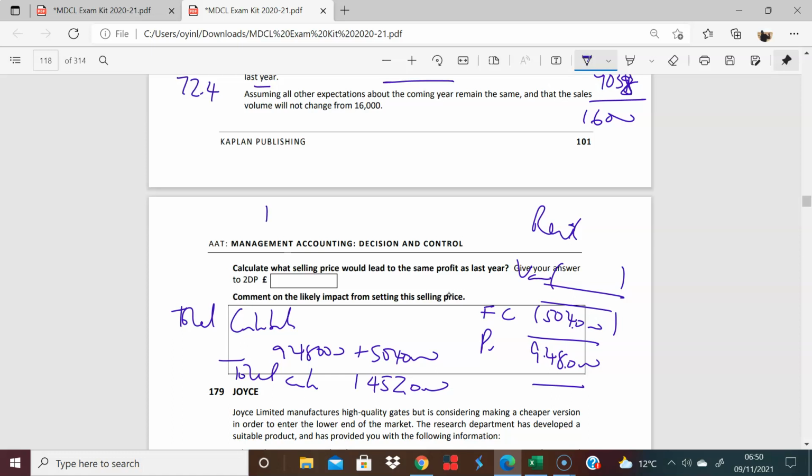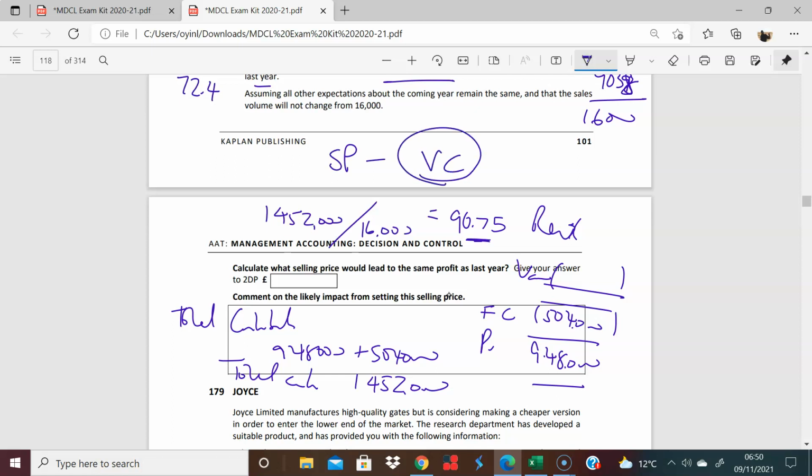It says here the sales volume will not change from 16,000 units. So I can tell you what the contribution has to be for each unit: 1,452,000 divided by 16,000 brings us to £90.75. So my contribution must be £90.75. And contribution is selling price minus your variable costs.